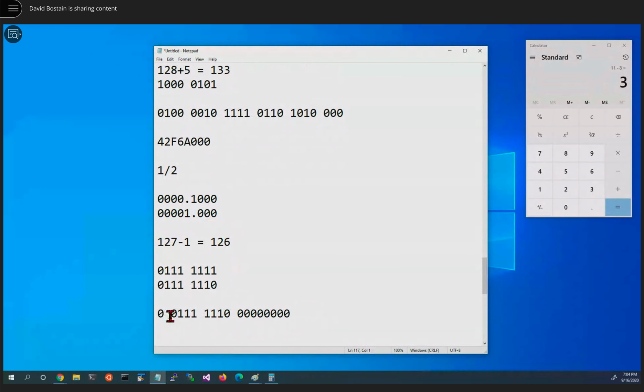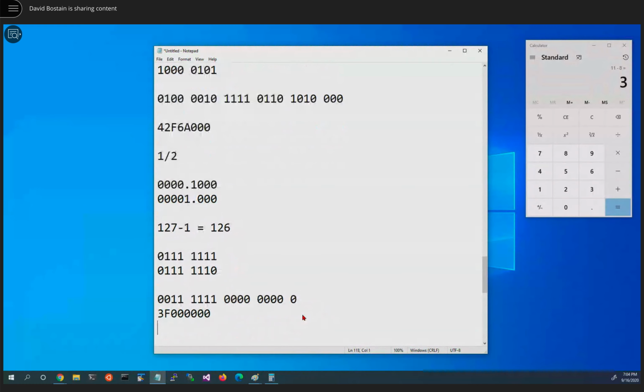So let's group them up. Put them into sets of 4. There's zeros out here. And the number would be 3, F, and then a bunch of zeros. So that number right there is the number 0.5, or 1/2.